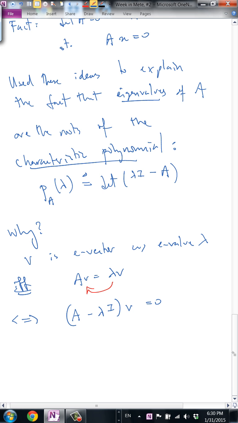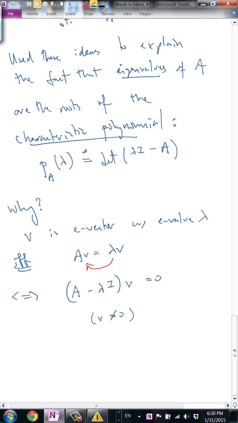But saying that (A minus lambda I) v is equal to 0, where of course v is not the 0 vector, is the same as saying that this matrix A minus lambda I has dependent columns.